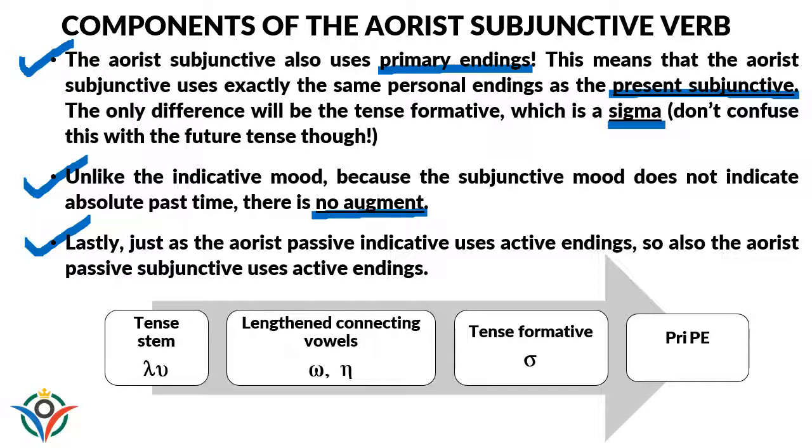So the components of the aorist subjunctive verb will look something like this. The tense stem is lu. Then we also have the lengthened connecting vowels, omega and eta. The tense formative is a sigma, and then they take primary personal endings.